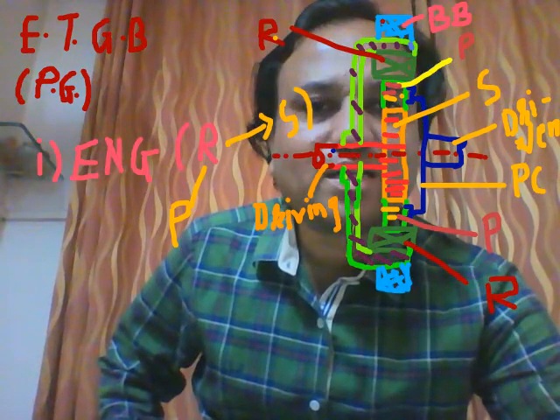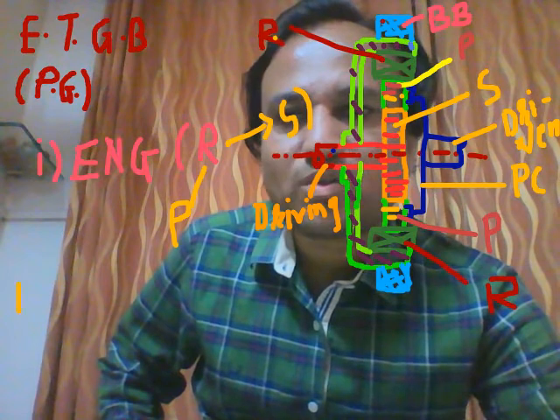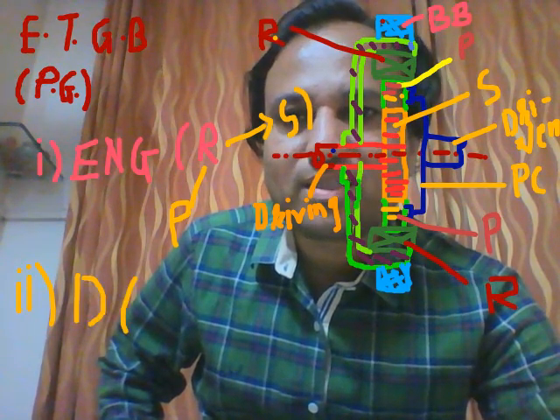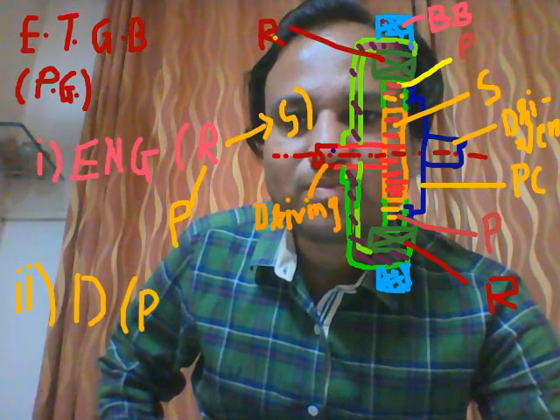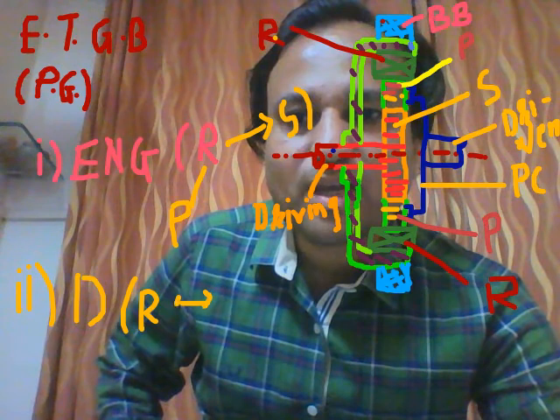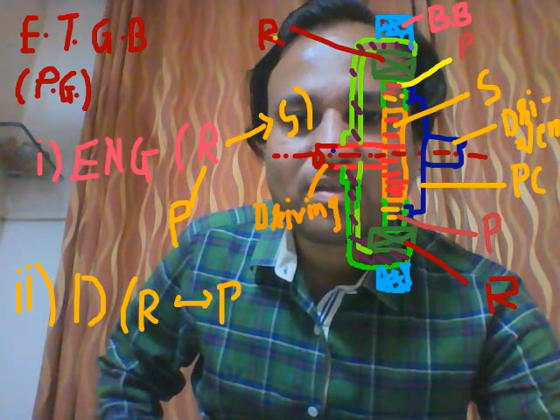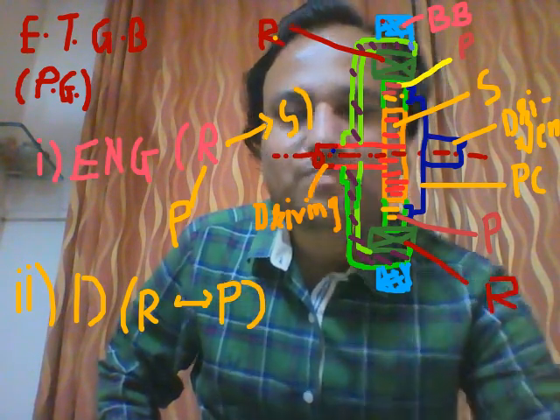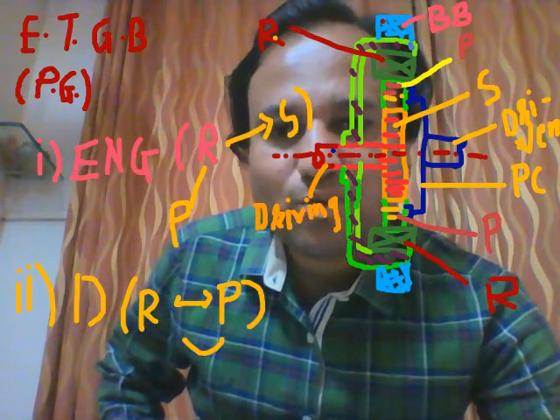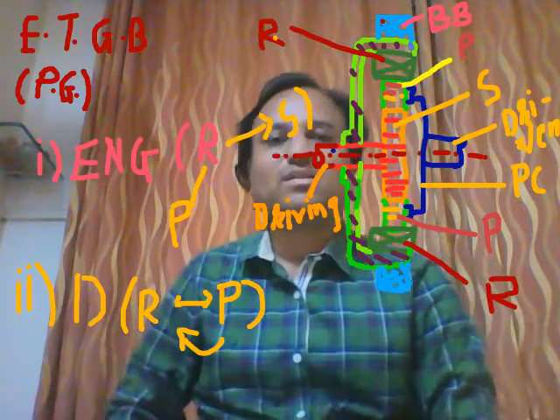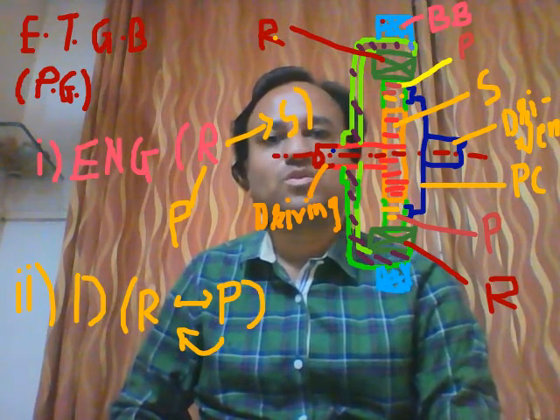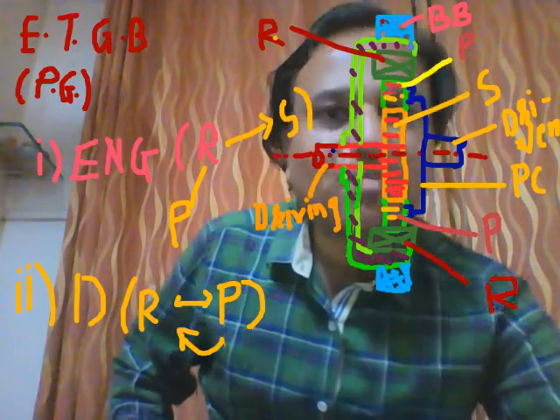Though the sun gear is rotating, second condition, disengagement, in this case ring gear and planet gear, that is from planet gear motion is transmitted to ring gear, as ring gear is not fixed, that is ring gear is not stationary.